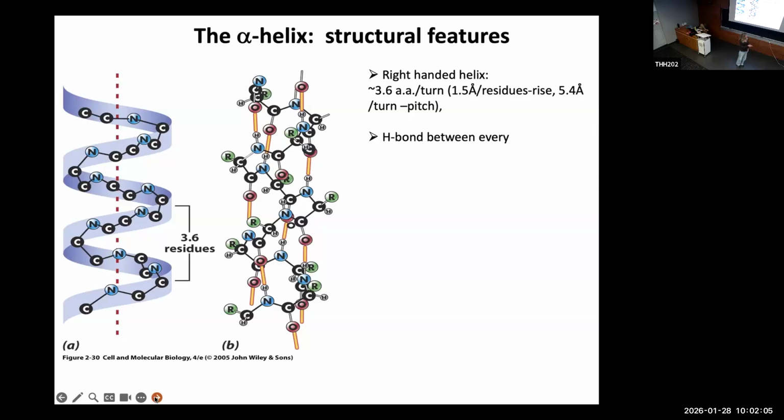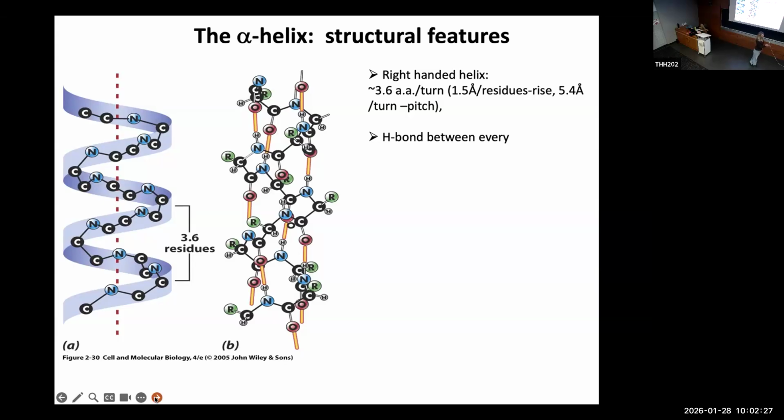And so every 3.6 residues, you have a hydrogen bond. You have many of those, not only every 3.6, it's actually more frequent than that. But within a turn, every 3.6 will hold together those backbones.